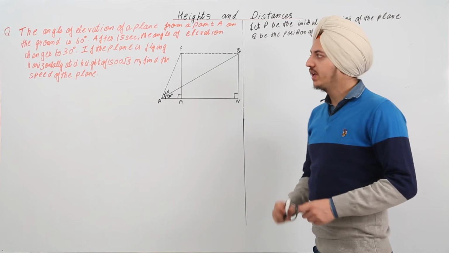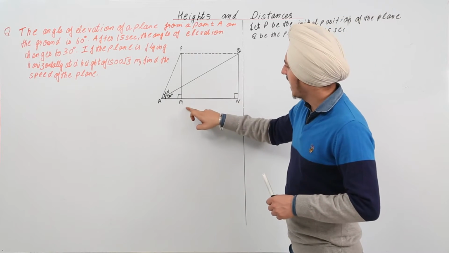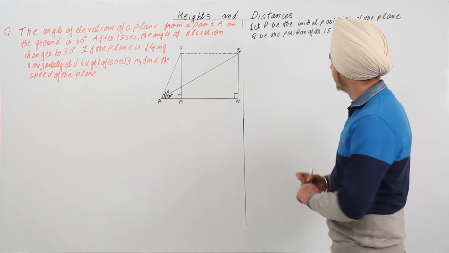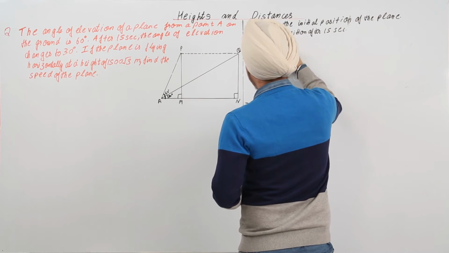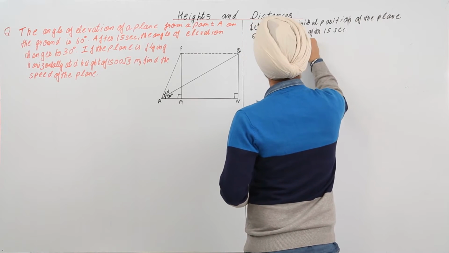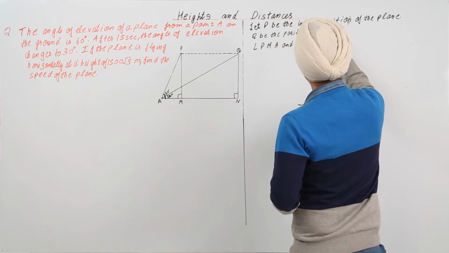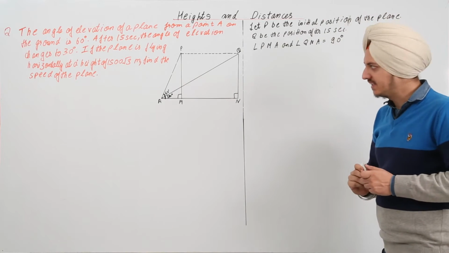Okay, now we know that this plane is flying horizontally and angle PMA is equal to angle QNA, that is 90 degrees. So therefore, we have angle PMA and angle QNA equal to 90 degrees. These are both right angles.